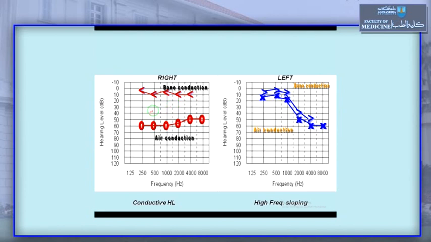So the sound that is transmitted through air conduction will be faced by the pathology, will be prevented by the pathology. The pathology will lead to attenuation of the sound. I have to increase the intensity of the sound very much in order to let this patient hear. So we have hearing loss for air conduction.